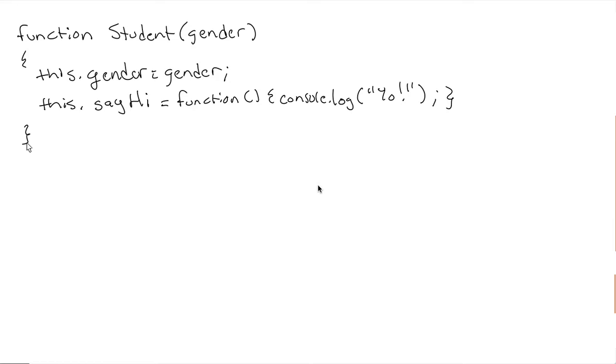Now, this would be fine if we just had a student that was independent of person, but we'd like the student to inherit all the members and methods that exist in, or are accessible via, the person prototype. So how do we do that? Well, what we do is this. We say Student.prototype equals new Person.